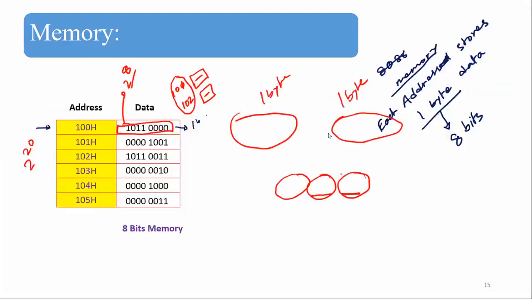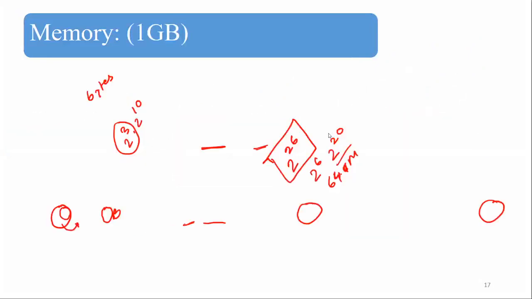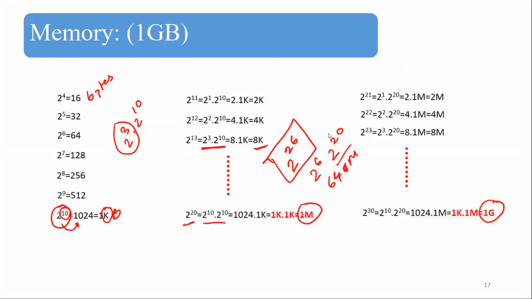Then we learned about different bits and bytes combinations, like how many bits is a byte, how many bytes is a word, and what they are called, upper nibble, lower nibble, and all those things. And also we learned how to represent megabyte, gigabyte, and kilobyte.